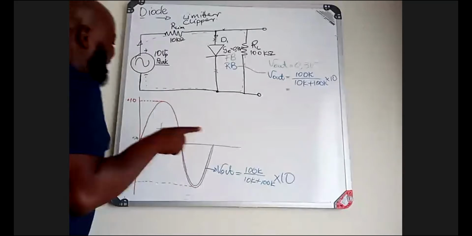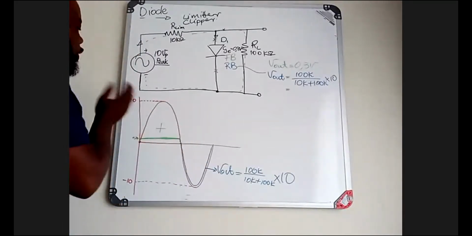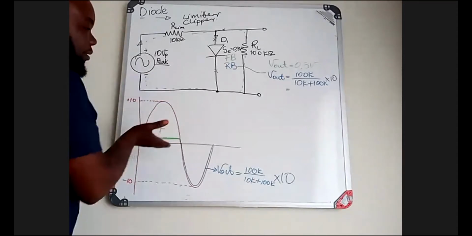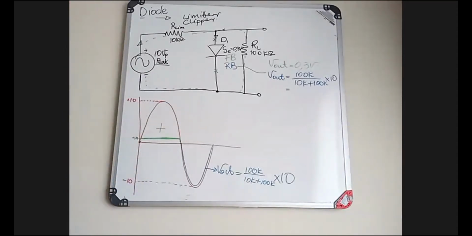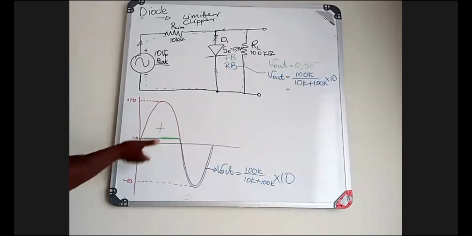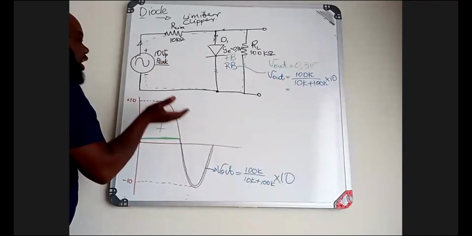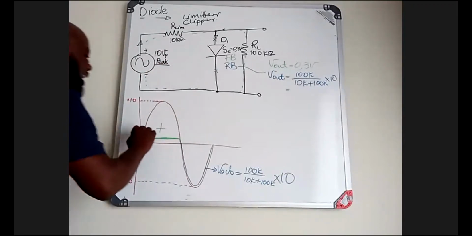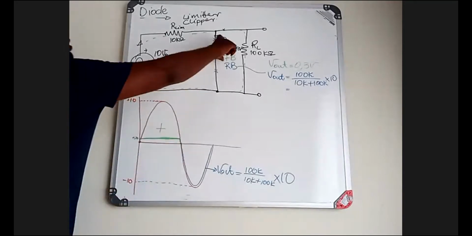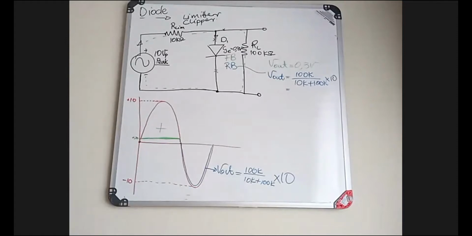Positive clipper circuit simply means that during the positive cycle, we had to clip off what didn't switch on the diode, or during the process of switching on, what the diode didn't use. We had to remove it, and we are only left with a small portion, which is the switching on of the diode and what switched off the diode. That is your positive clipper circuit.